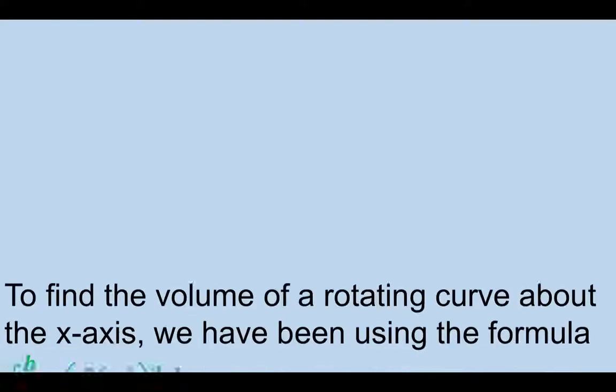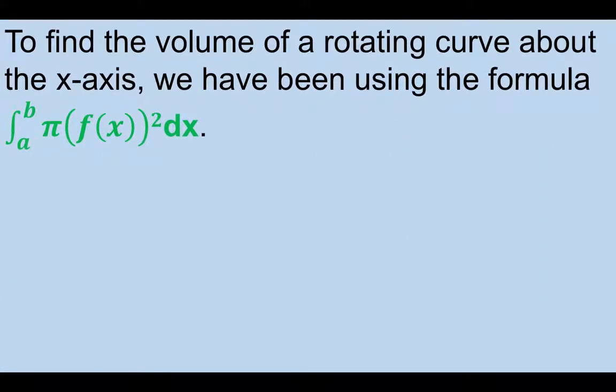Okay, so basically to find the volume of a rotated curve about the x-axis, we have been using the formula, the integral from a to b of pi f of x squared dx. This formula was from your last notes.